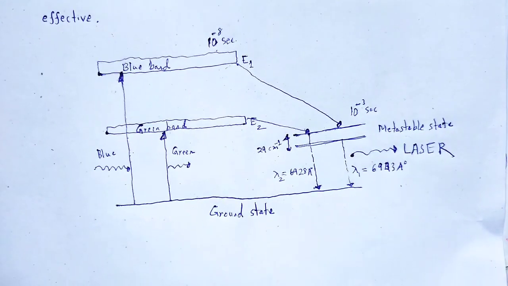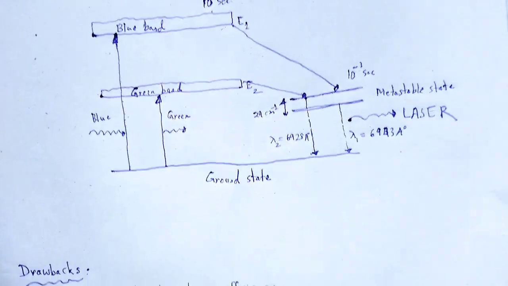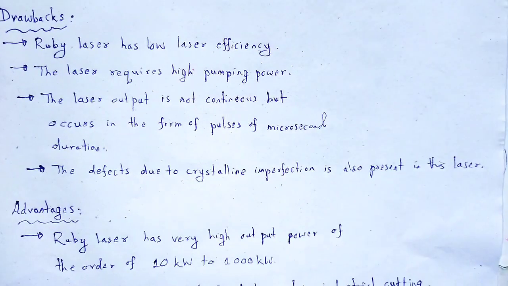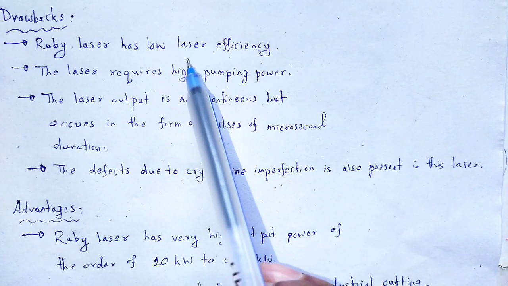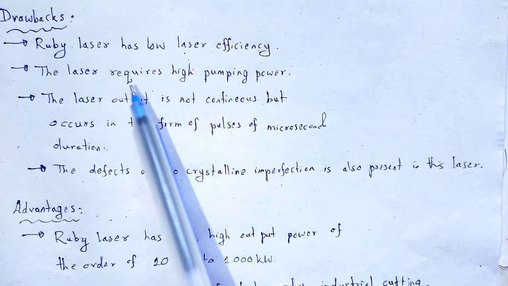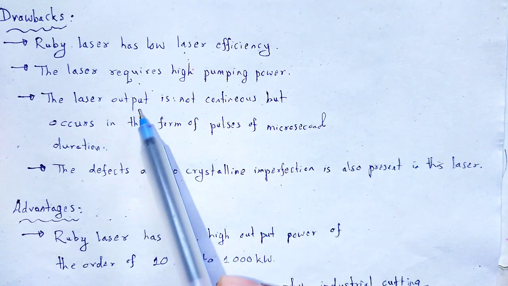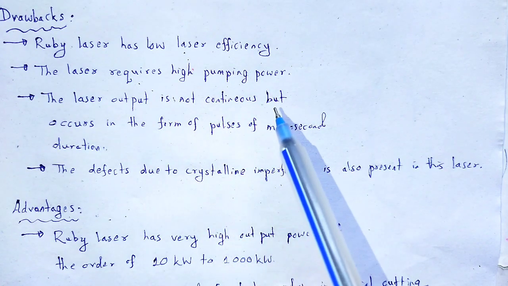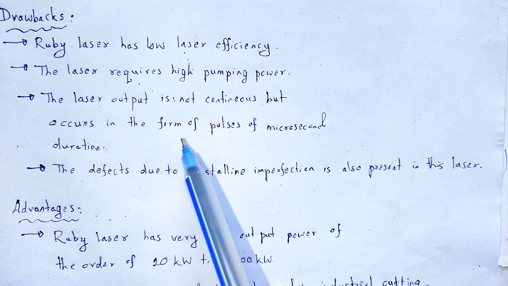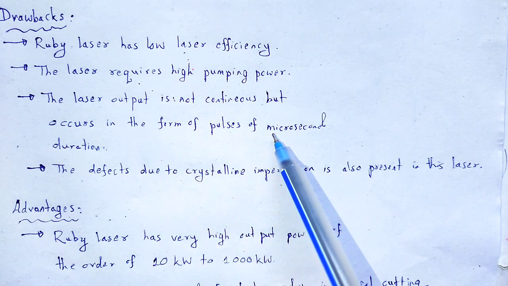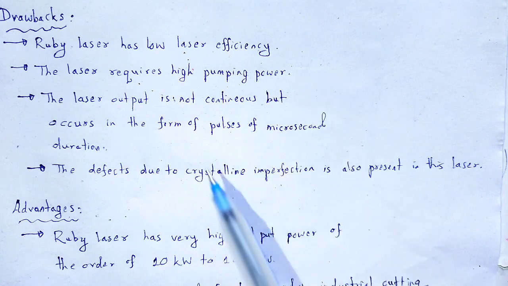Now, the drawbacks and advantages of ruby laser. Ruby laser has low laser efficiency and it requires high pumping power, and the output is not continuous but occurs in the form of pulses of microsecond duration. Let me understand it.